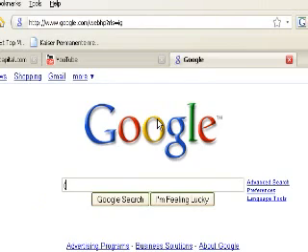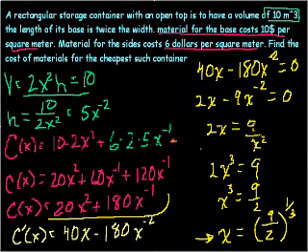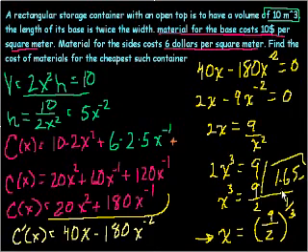So that is 4.5 to the 1/3 power, 1.65. So that's our answer. If x is equal to 1.65, plus some other points, then we have the cheapest container to produce. So it's 1.65 something something. And there you have it. Hopefully you found that vaguely useful.